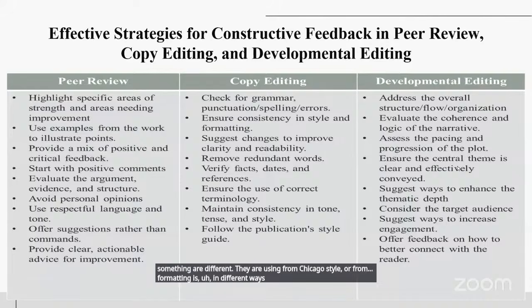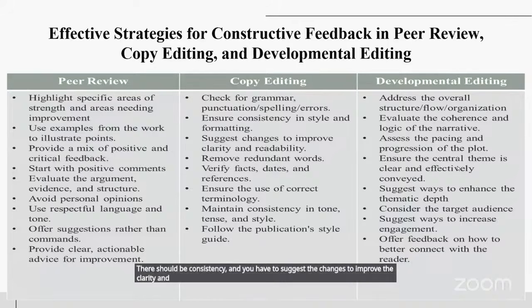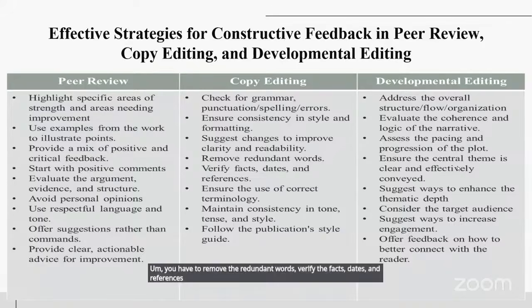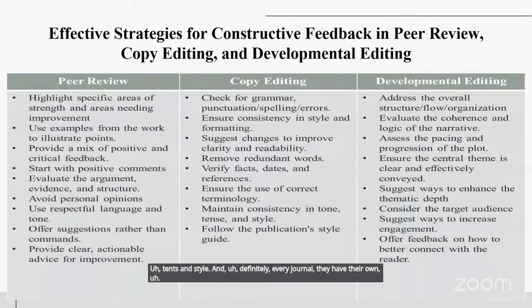So you have to see there should be consistency, and you have to suggest changes to improve clarity and readability. You have to remove redundant words, verify the facts, dates, and references, ensure the use of correct terminology, and maintain consistency in tone, tense, and style. And definitely, every journal has its own publication style. So you have to see whether these papers have followed all the guidelines given by the journal.